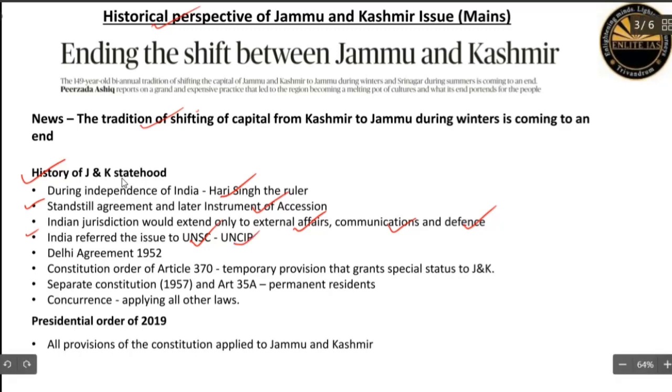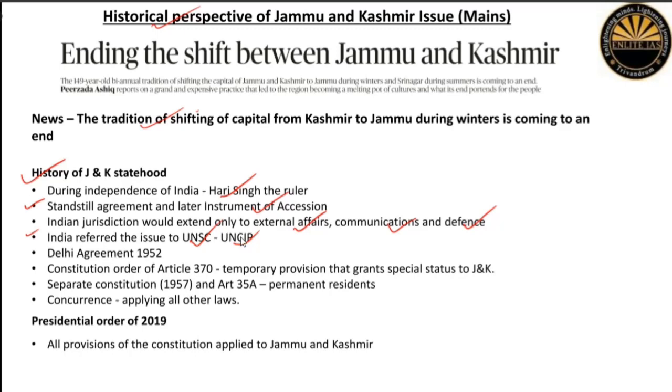However, UNSC formed a United Nations Commission on India and Pakistan and came to the conclusion that Kashmir needs to decide its own course by having a vote in Kashmir before conducting plebiscite.